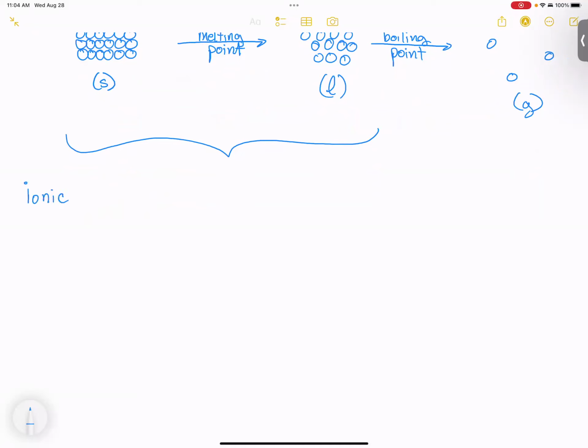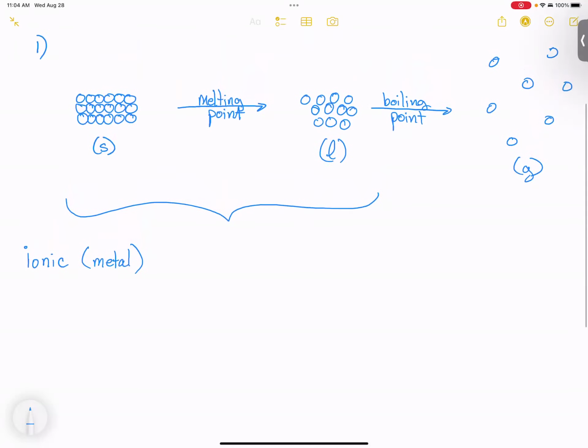Can anybody tell me how to recognize an ionic compound? Usually has a charge, and it's usually a metal and a non-metal. So basically I look to see if it has a metal. And if it has a metal, it's probably going to be an ionic compound.